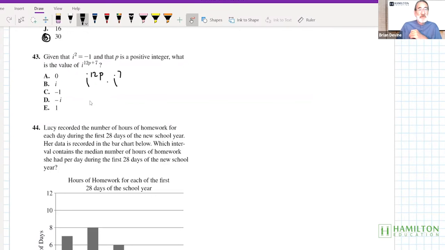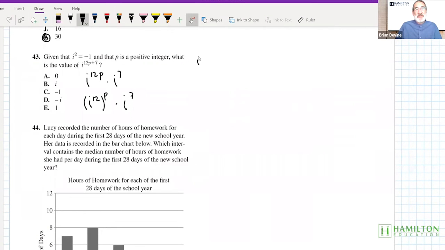And this then would be i to the 12th to the p times i to the 7th. Now, i to the 7th, let's figure that out first, and then we can figure the other one out.